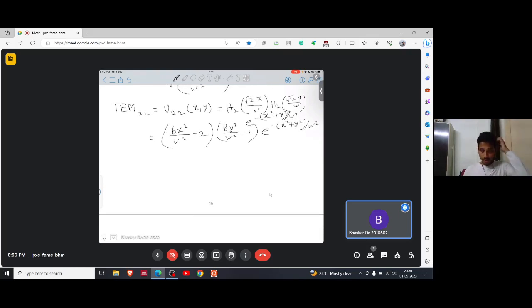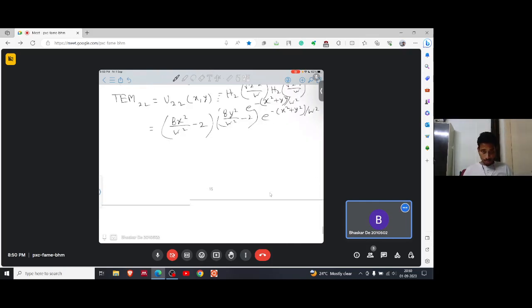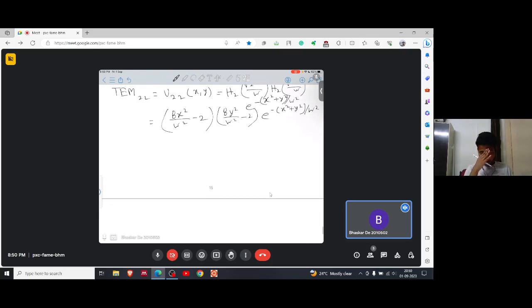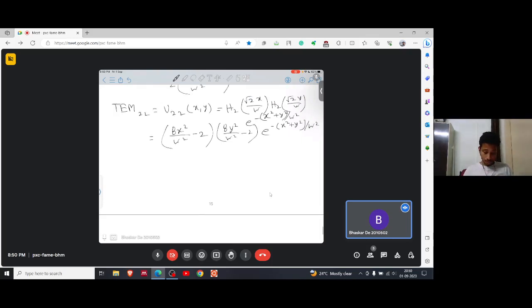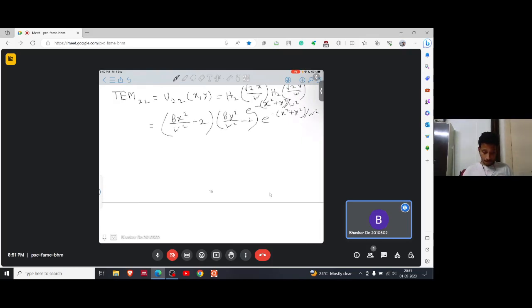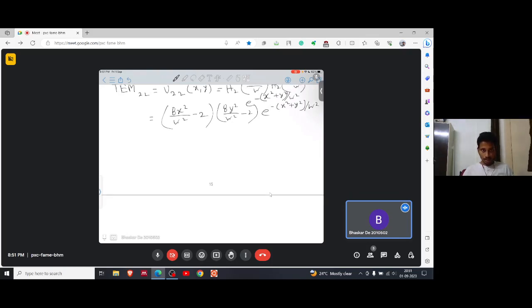So you might think why I am writing all these expressions, but from a laser we can obtain this kind of modes. So it's not necessary that whatever you see in any image or from any laser is this, because people mostly use this TEM00 mode, but that should not mean that the laser only has this mode.